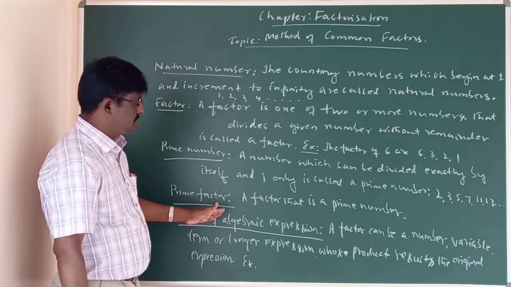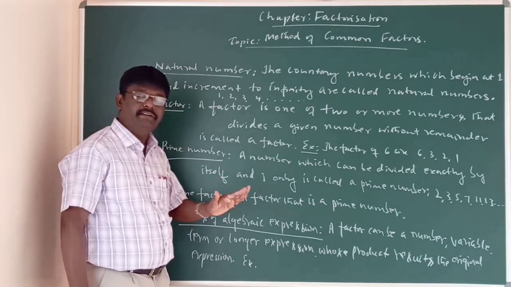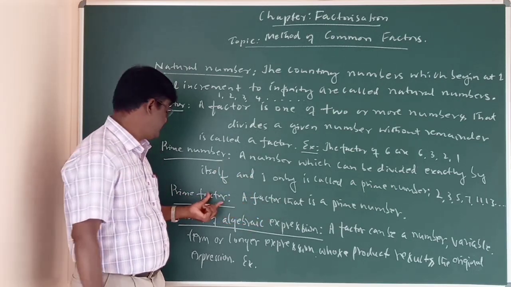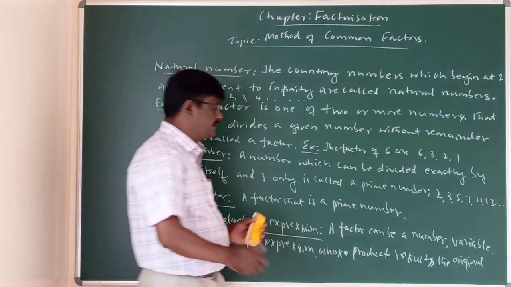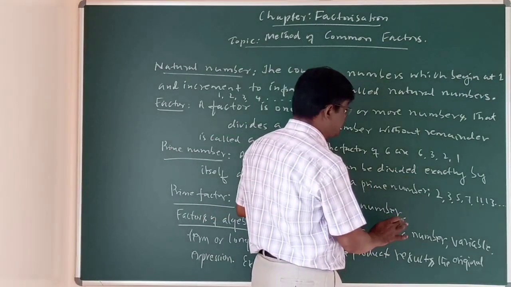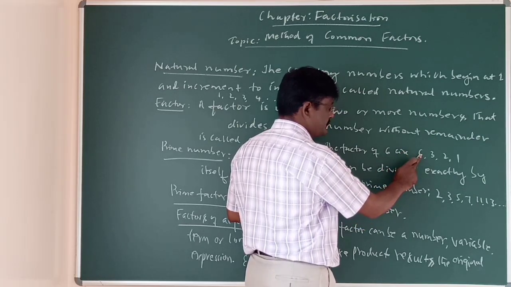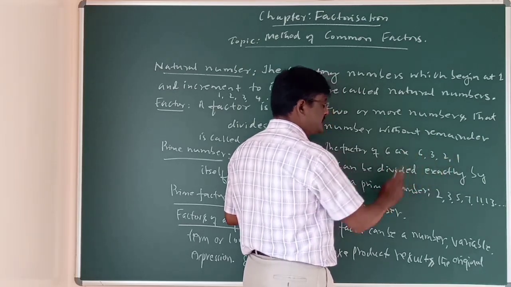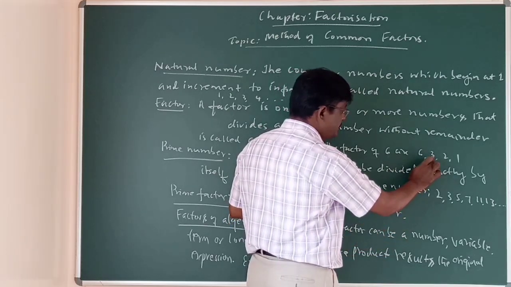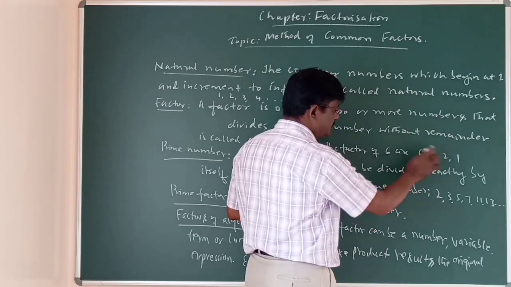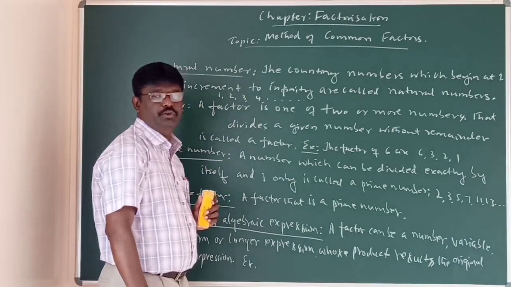Prime factor. Factor we know. Okay, what is a prime factor? If the factor is a prime number, then we call it a prime factor. A factor that is a prime number. For example, if you take 6, the factors of 6 are 6, 3, 2, 1. But here 6 is not a prime. Okay children, 3 is a prime factor, 2 is a prime factor, and 1 is neither prime nor composite.